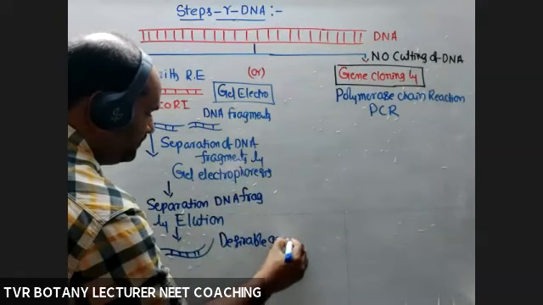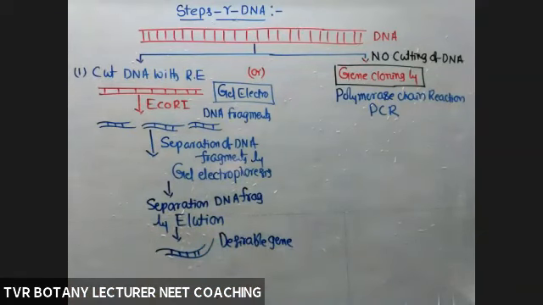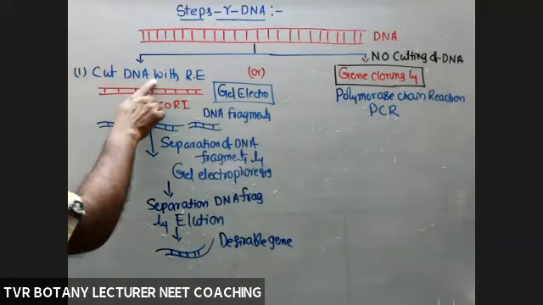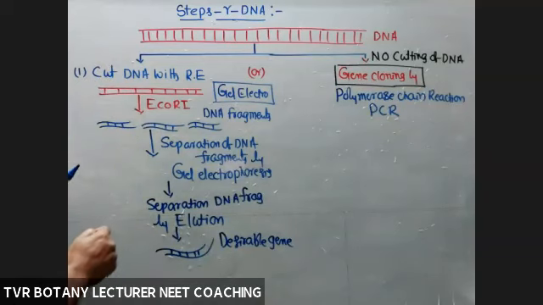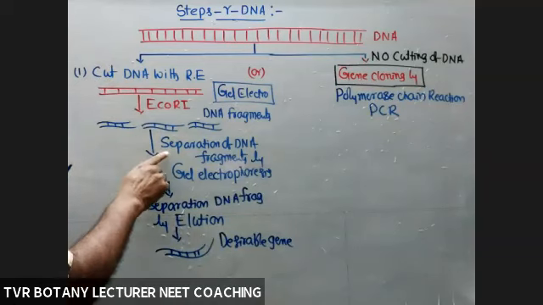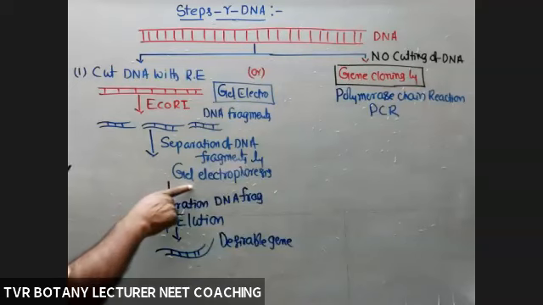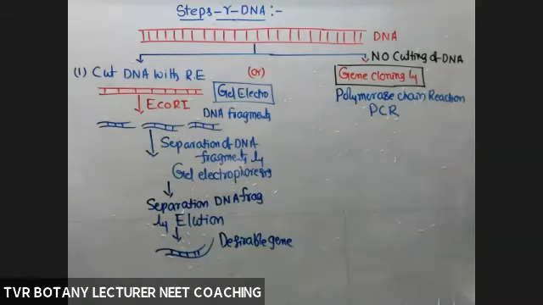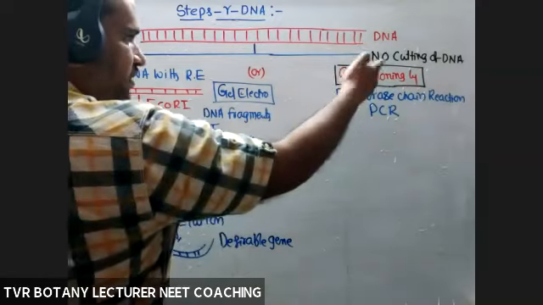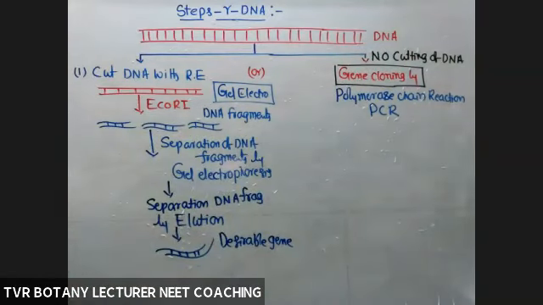We can cause digestion of DNA, meaning cutting of DNA within the gel electrophoresis, and separation of DNA fragments also. So ultimately, one desirable gene or a certain number of desirable genes are available. Is it clear? So this is one method, and that is another method. We'll come back to that part.